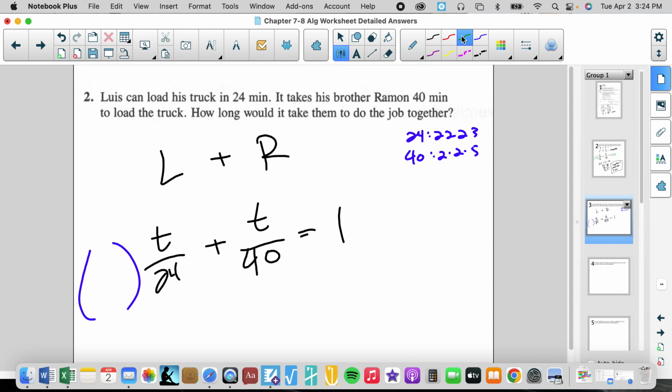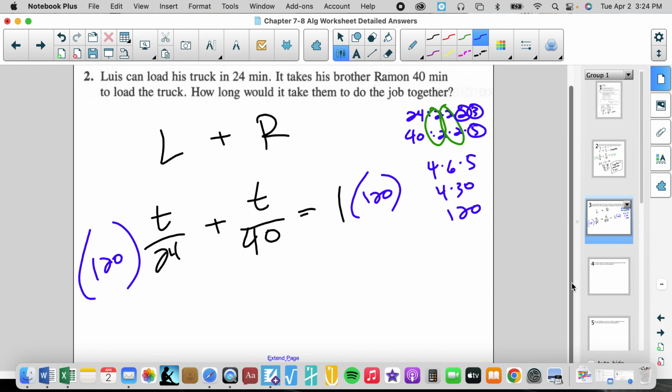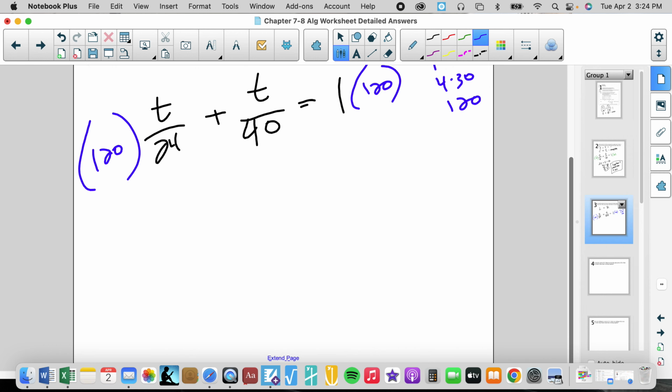So what do they have in common? 2 times 2, and the leftovers make 4 times 6 times 5, which is 4 times 30, which is 120. So we're going to multiply everything by 120. We just found the common multiple, the LCM.